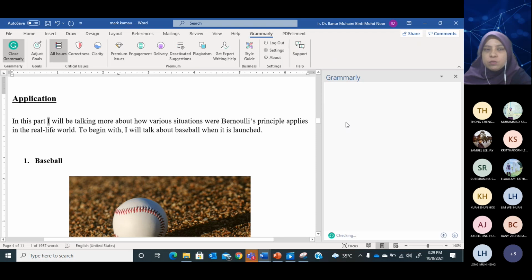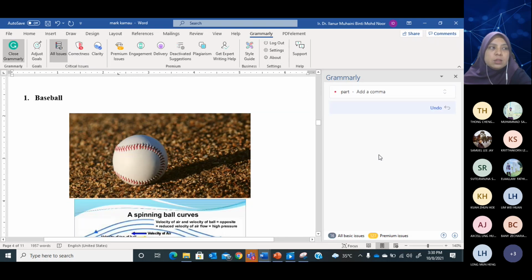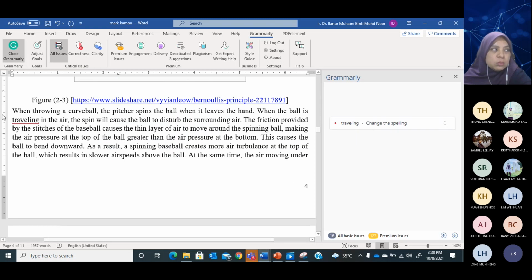Okay, I don't know if you have used Grammarly in other subjects or not. So here, talking is present tense. Okay, suddenly there is "were" here. It should be "where", so directly change there. Then at the bottom, this figure is taken from this source, but I think the format is wrong.